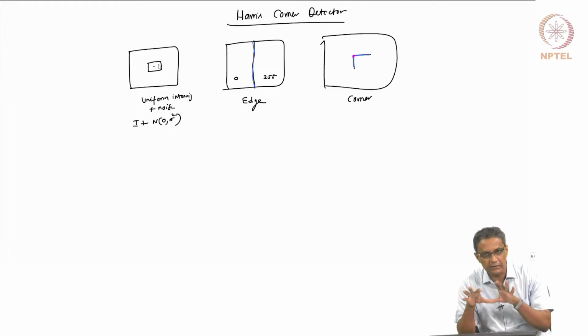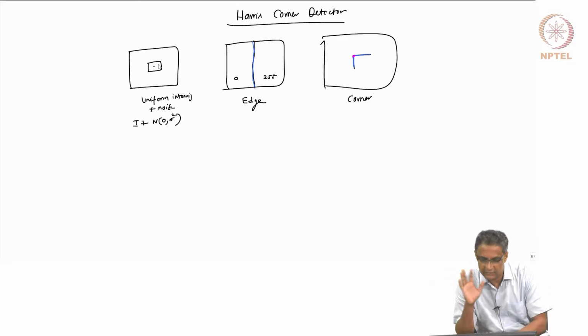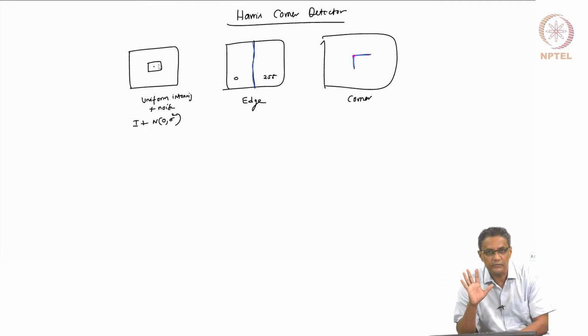The appearance of the patch is going to change as I move around. It is not exactly the same. Let us not even talk about gradients, let us just talk about appearance. In the first case, do you expect a lot of change in the appearance, or do you feel that there will be just a little bit of change in the appearance?